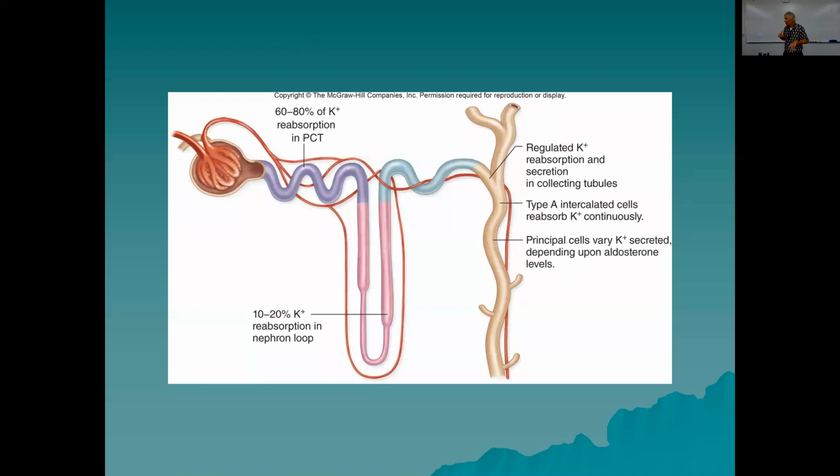You will be losing much less. If there's a lot of aldosterone present, you'll be mostly secreting potassium and losing a lot of potassium in your urine. Remember, high potassium in your blood is dangerous. It's neurologically dangerous. You have to regulate how much potassium is in your blood. Okay.